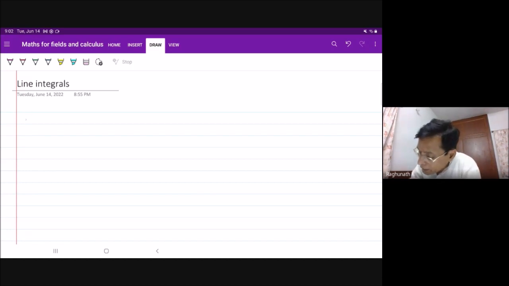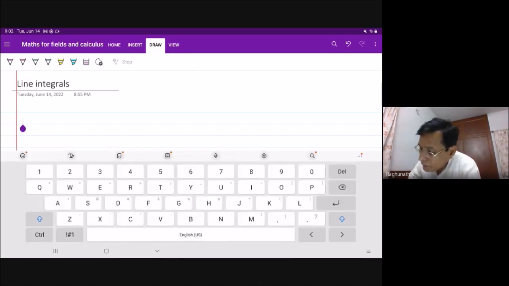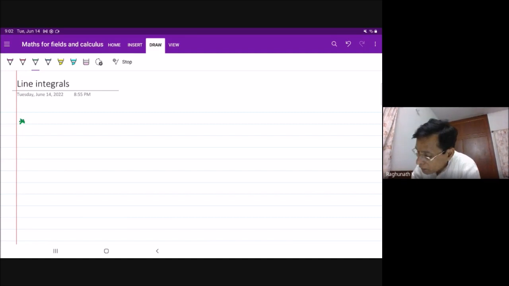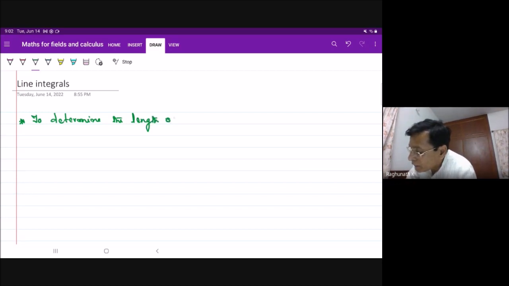Line integral to determine the length of a curve.